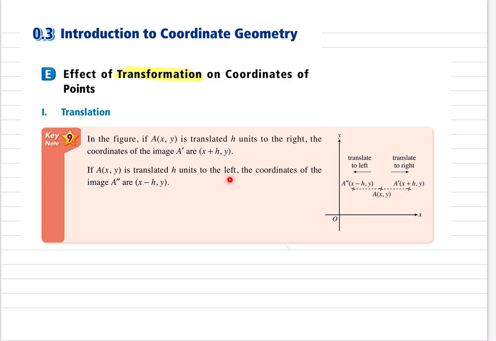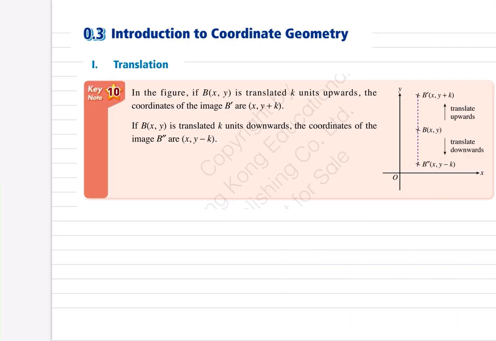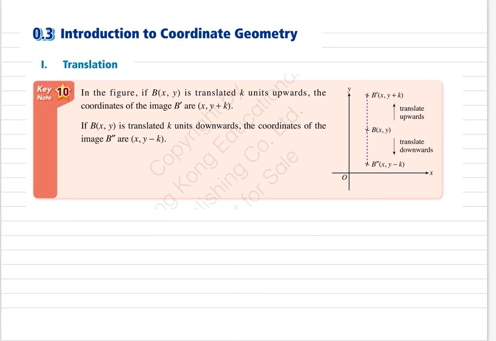If this is translated to the left, then this is x minus h, by h units. And it can be moving upward and downward. If it's translated upward, then the y coordinate plus that certain value. And if it is translated downward, for the y coordinate, you have to minus that certain value.